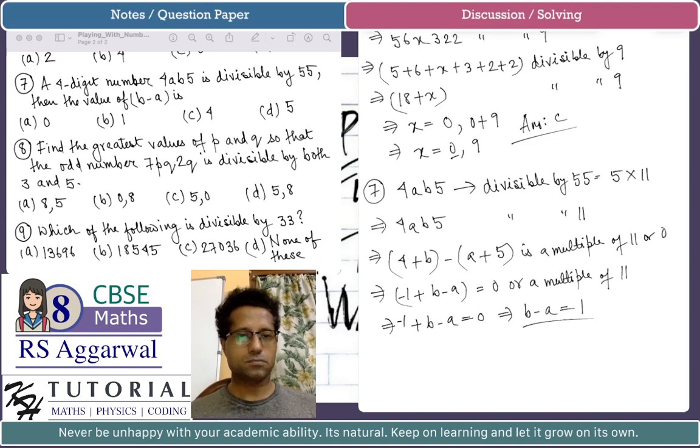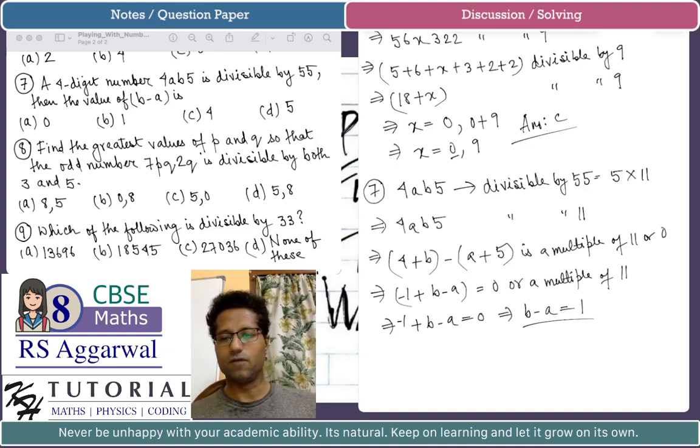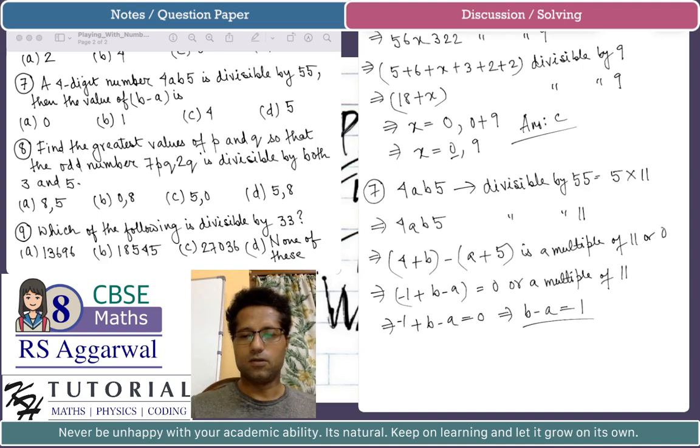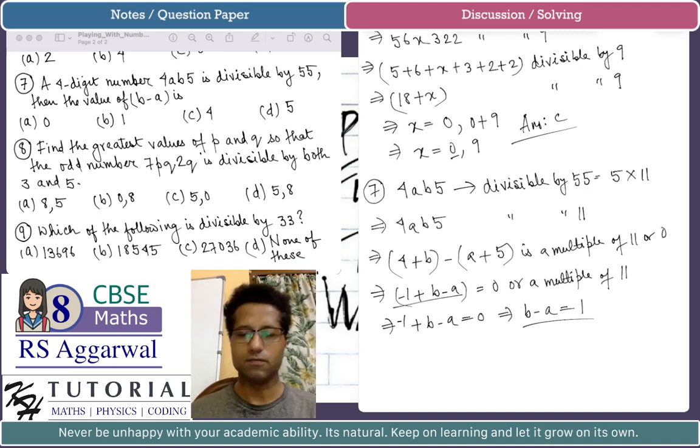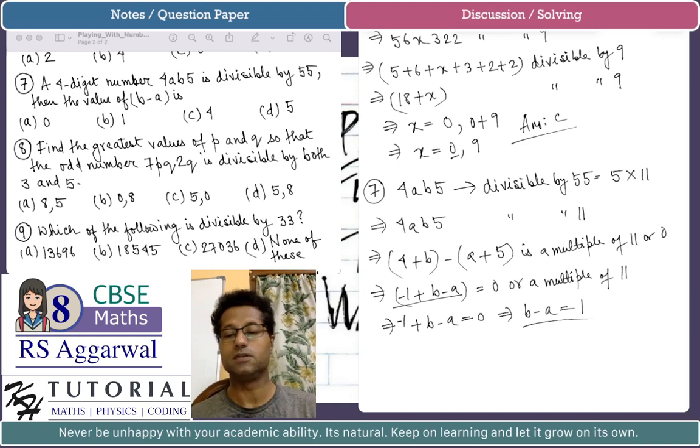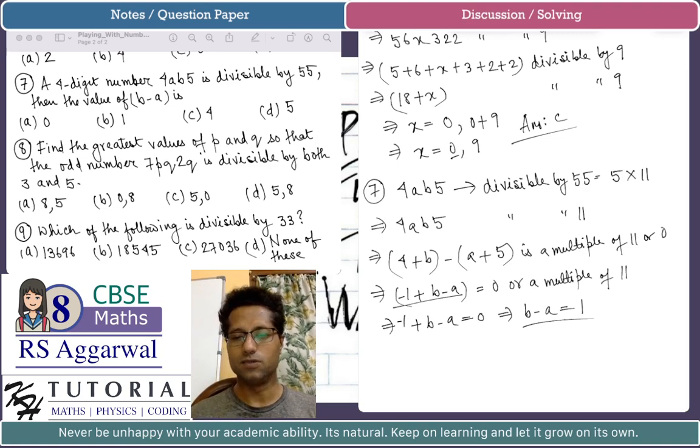Now, what else can the value of B minus A be? This result, that is the difference of the sum of the digits at odd places and the sum of the digits at even places, which is minus 1 plus B minus A, can be either 0 or a multiple of 11. Let's see whether it can be a multiple of 11.